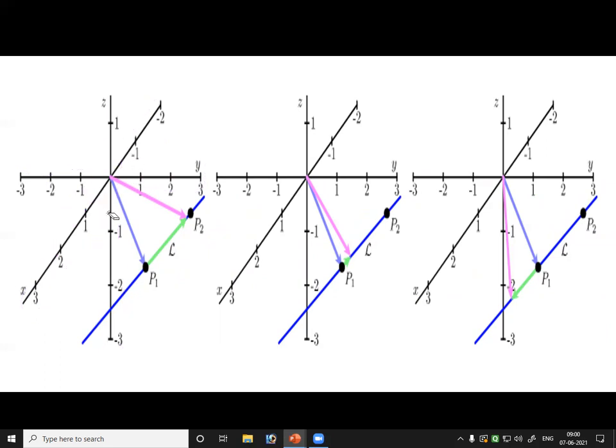Right? So these three axes are there. We can definitely visualize two dimensions, but if you want to visualize three-dimensional space, you have to think of a space where you have three dimensions.